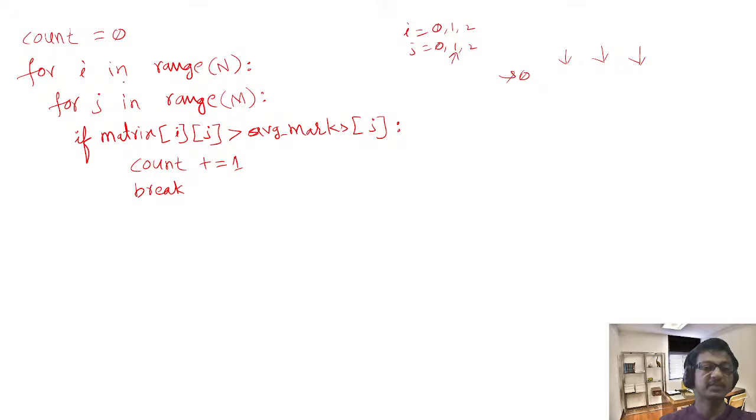Otherwise it goes to the next one, that's it. The two loops repeat continuously and finally count gives us the number of students passed. Once you come out of these two loops, you can just print the count value here. This prints the number of students passed, that's it.